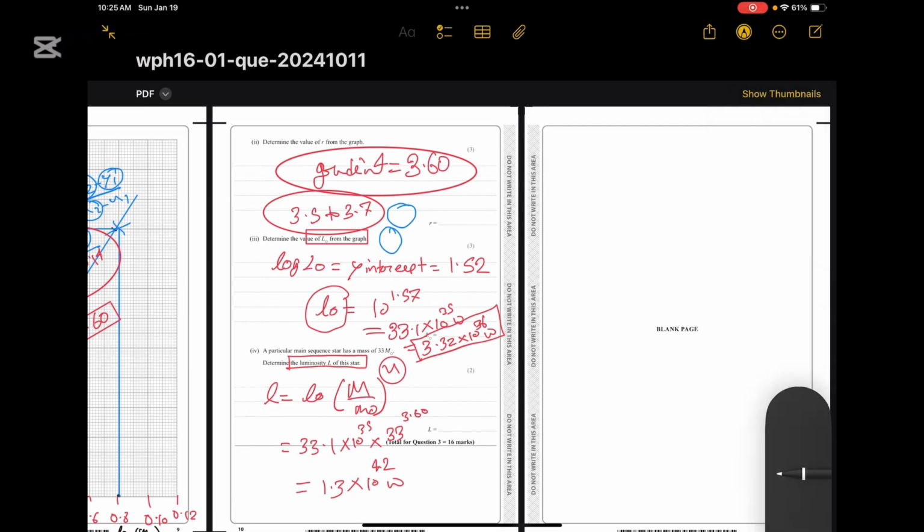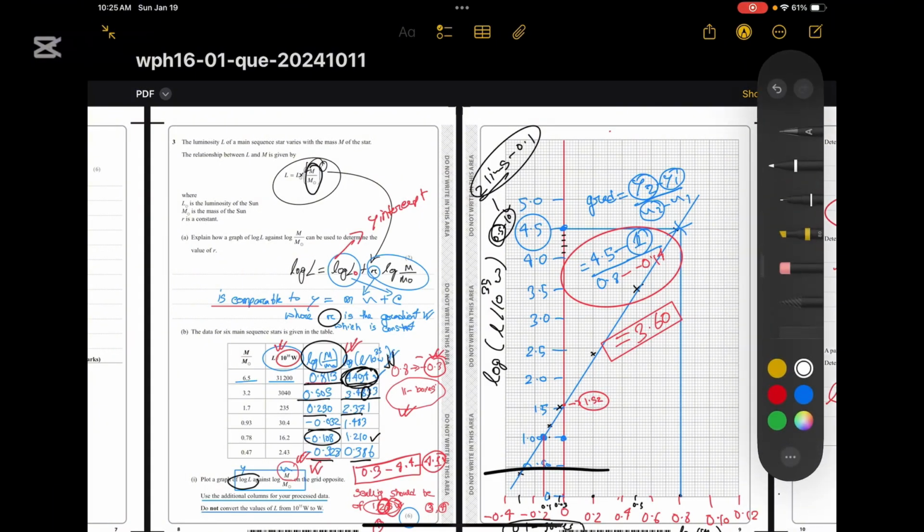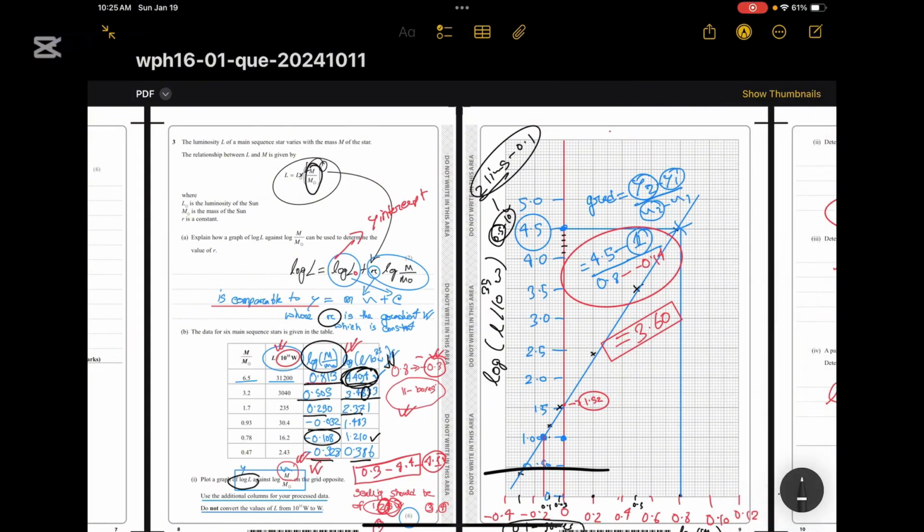Now you guys might have a question, why did I write m divided by m naught as 33? The reason is they have said the star has a mass of 33 m naught. So we know the formula is m divided by m naught, and m naught is the mass of the sun. So we can write it down like this. If mass is equal to 33 m naught, right?